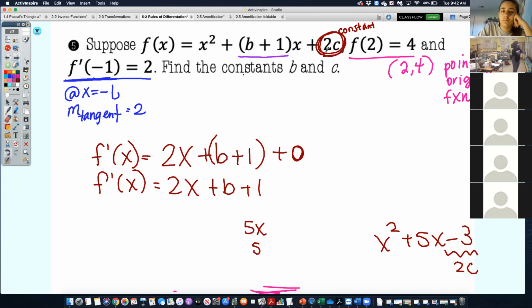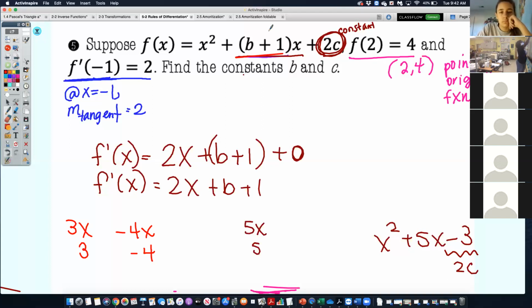Michaela, your question. I'm confused on everything after 2x. The derivative of b plus 1x is b plus 1. It's the same thing as if you had 3x and you had to find the derivative of that, that would be just 3. The derivative of negative 4x would be just negative 4. The derivative of 5x would just be 5.